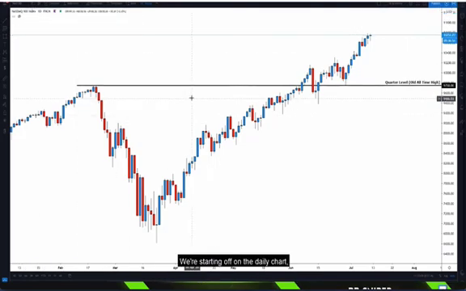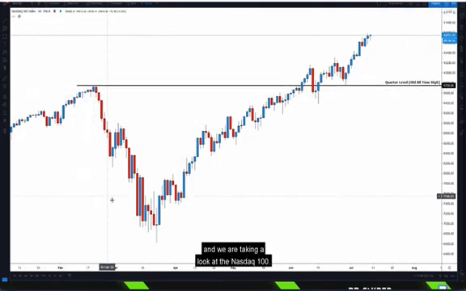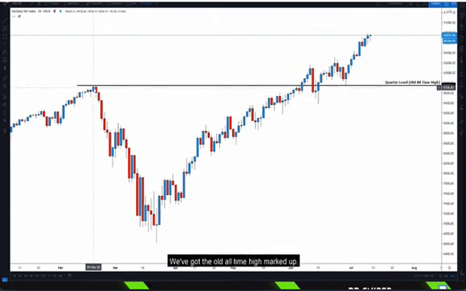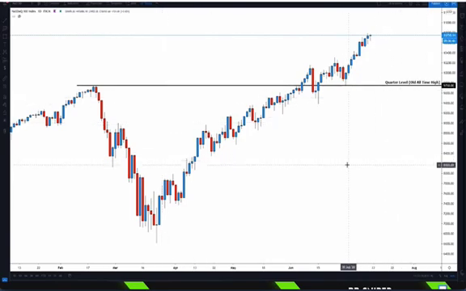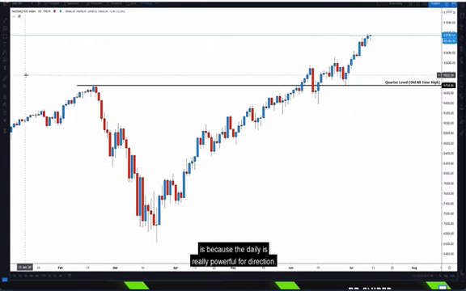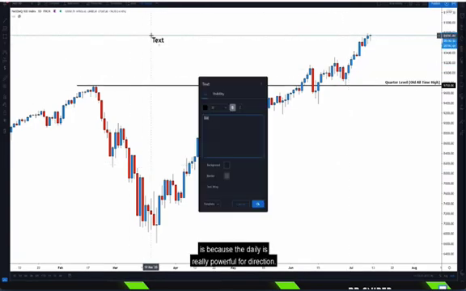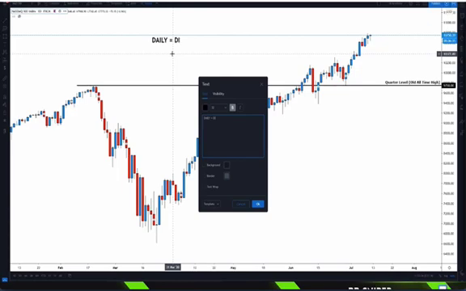We're starting off on the daily chart, and we are taking a look at the NASDAQ 100. We've got the old all-time high marked up. It's a quarter level. And the reason why we're starting on the daily chart is because the daily is really powerful for direction.